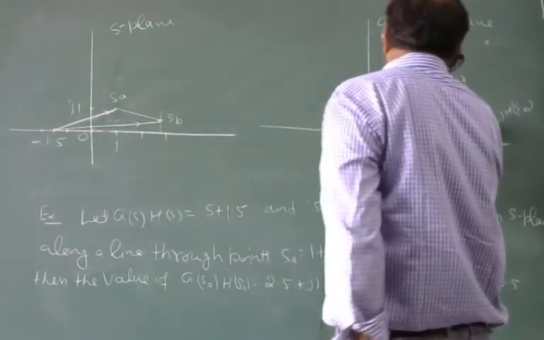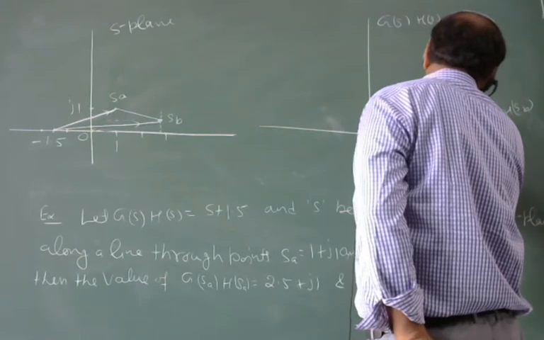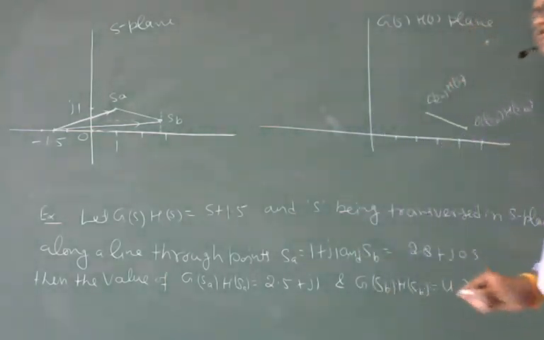So here also the point GSA HSA will traverse from this point to GSB HSB.